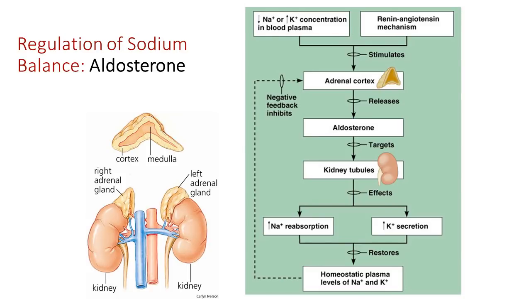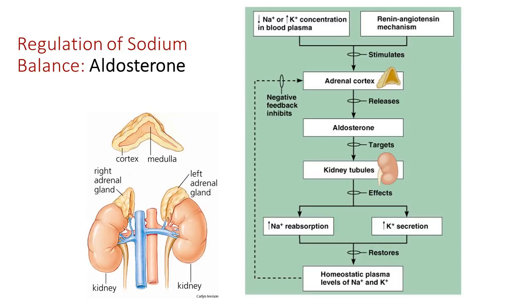This slide will illustrate the effects of the renin-angiotensin-aldosterone mechanism. If we look at the top of this flow chart, we see that the stimulus is either decreasing sodium ion concentration or an increase in potassium concentration in the blood. These two ions normally act opposite to each other because they tend to go in opposite directions across the cell membrane.